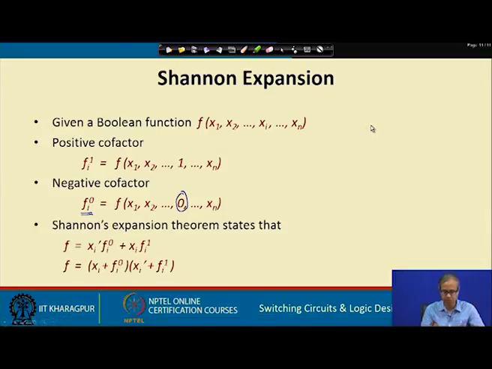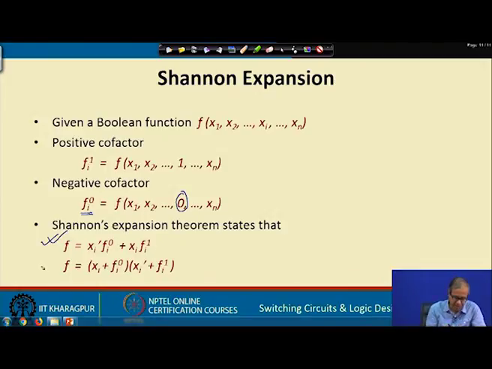Now, here we are showing two forms of expansion, one of that we have seen earlier. In Shannon's expansion theorem we can write the function f like this. When you expand a function with respect to xi, I can write xi dash, that means the complement of xi, multiplied by the negative cofactor with respect to xi plus the variable xi and the positive cofactor.